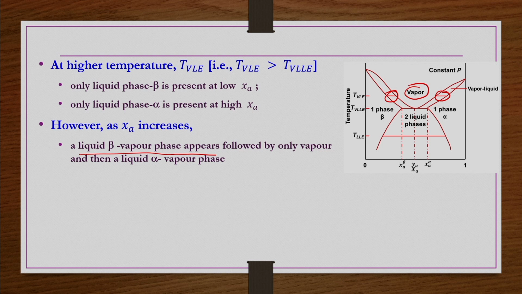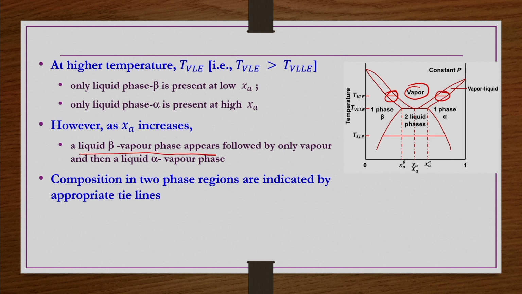After this lower XA range where only liquid beta phase is there, and before that higher XA range where only alpha liquid phase is there, in between these two regions we can see three different kinds of behaviors. Two VLE behaviors, that is vapor and then liquid beta VLE, then only vapor, then another VLE, that is vapor and then liquid alpha VLE that we can have, okay, as already described.